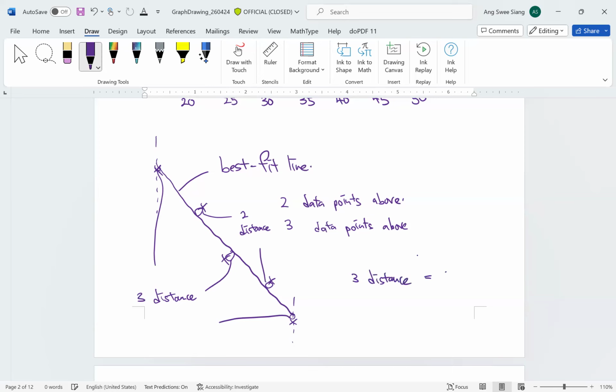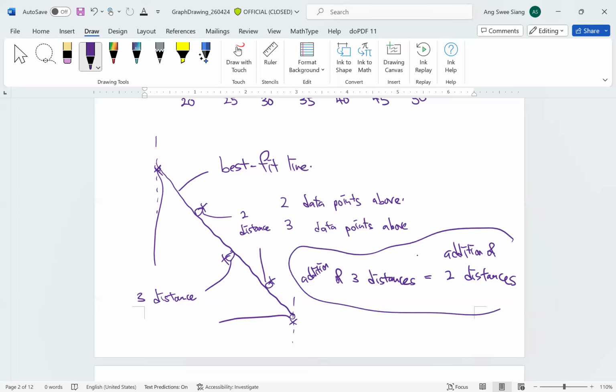If you are able to achieve a perfect best fit line or best fit curve, the addition of the three distances from the data points to the best fit line, and the addition of the distances from the two data points above, should be equal. If you are able to achieve this, your best fit line or best fit curve is perfect.